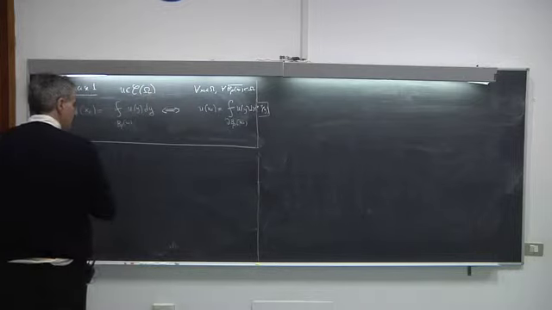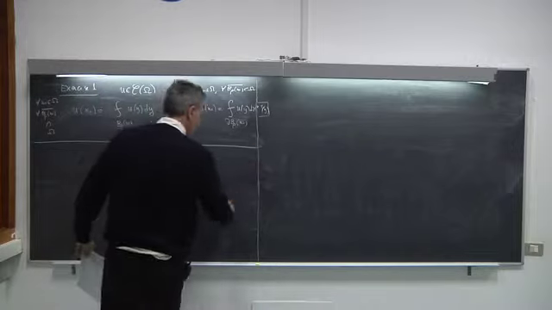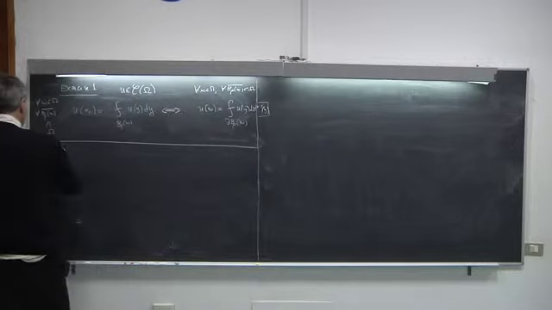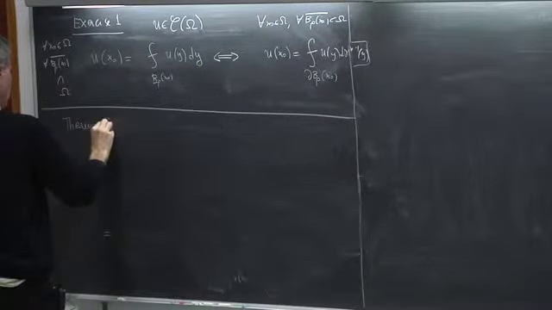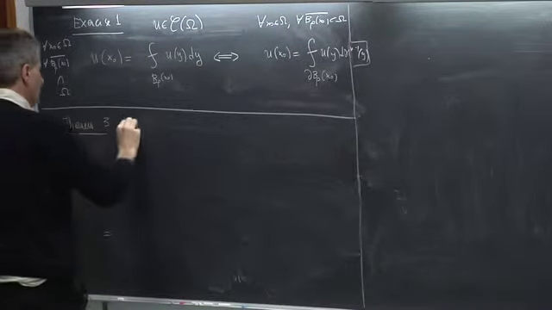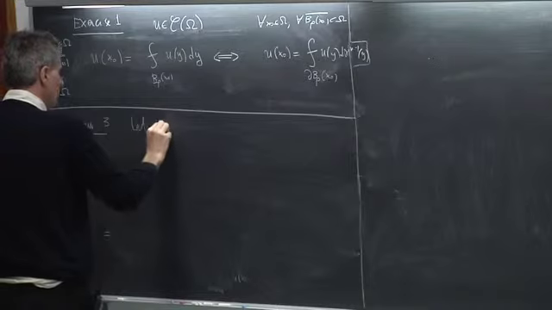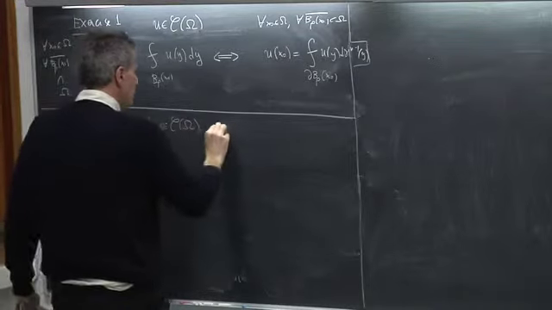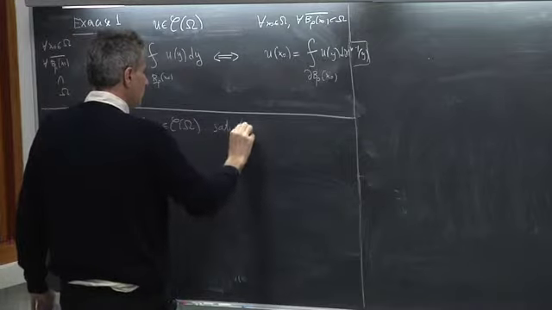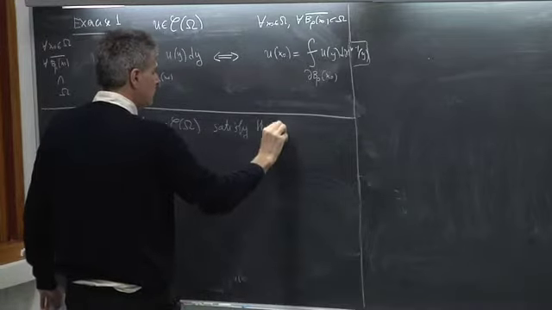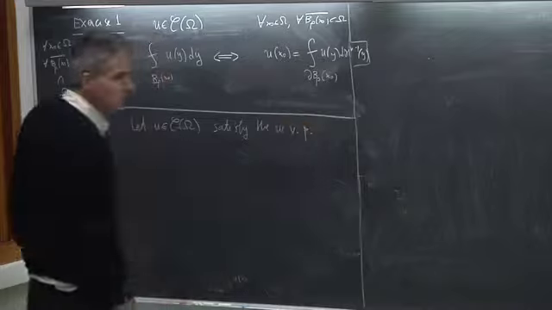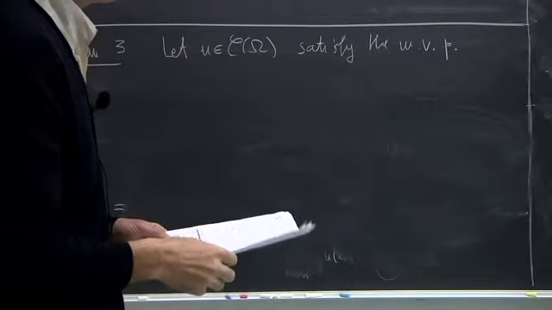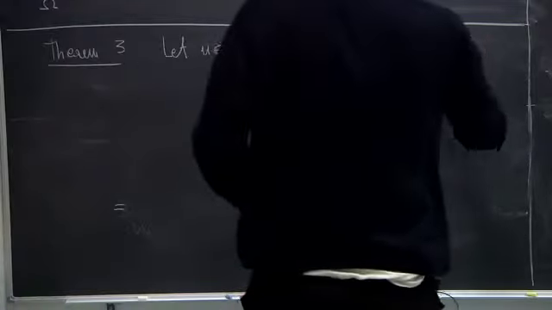There's another interesting theorem here in the direction of the question. So theorem 3: let u in C of omega satisfy the mean value property, MVP.